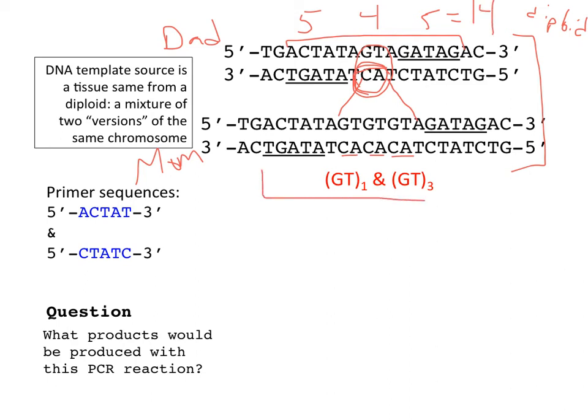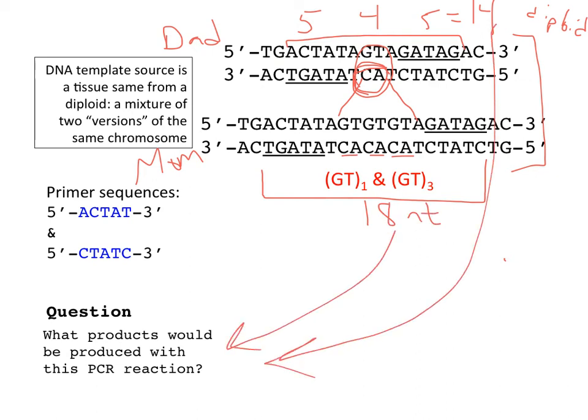What about the PCR product that gets generated from the chromosome shown here on the bottom? How big will this PCR copy be? 14, the original 14 plus 2 extra copies of 2, so 14 plus 4, or you could count it out, of course, 18 nucleotides.